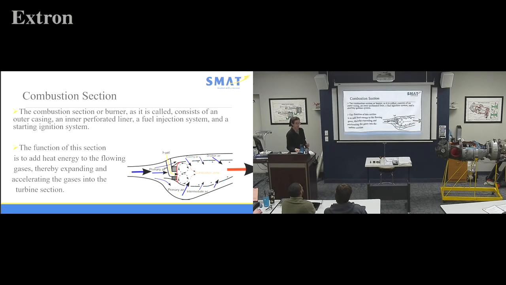So we've got up to, this is Monday, Friday, we talked up through the diffuser. So now we're going to start in on the combustion section. So our burner can, burner section, combustors, those are the terms to be familiar with.